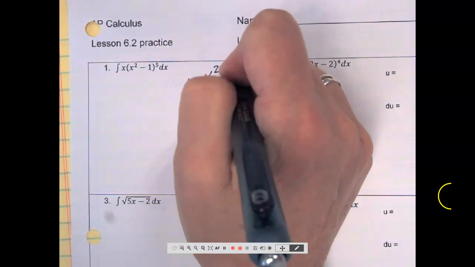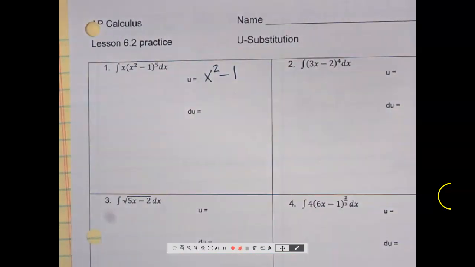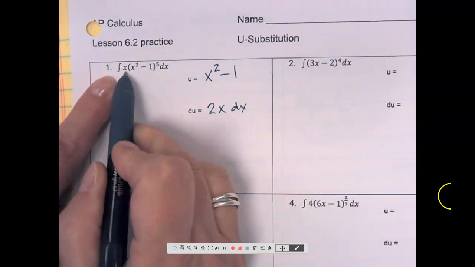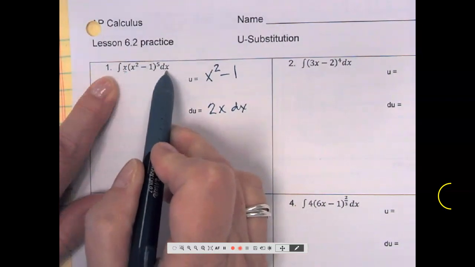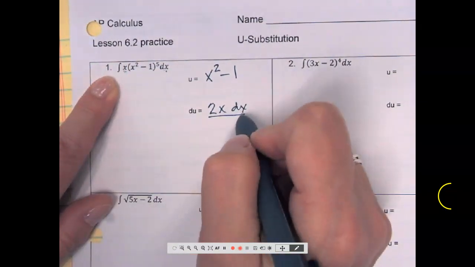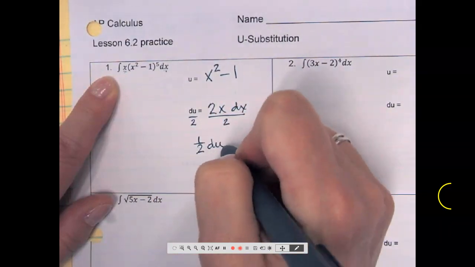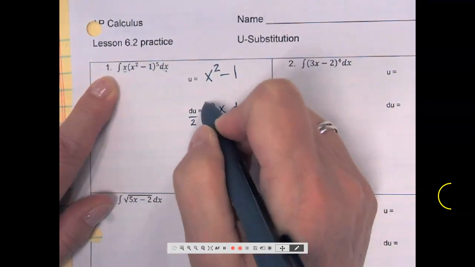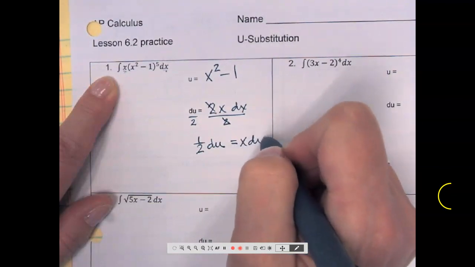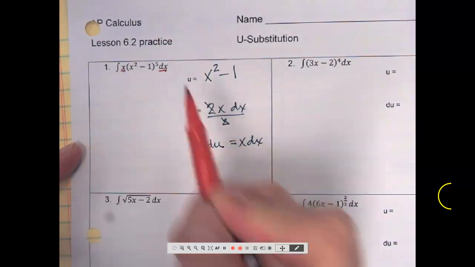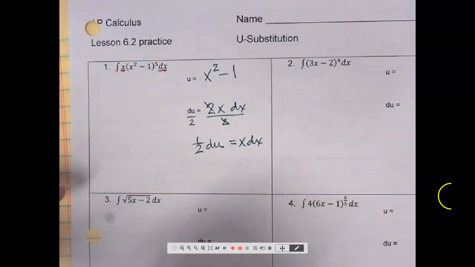I know, it just seemed like it. What's the derivative of that? 2x. Here's the x and the dx. I need to divide by 2 so that 1/2 du will replace x dx. So this and this will get replaced with 1/2 du.